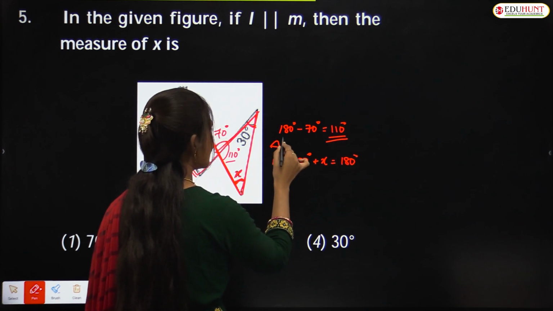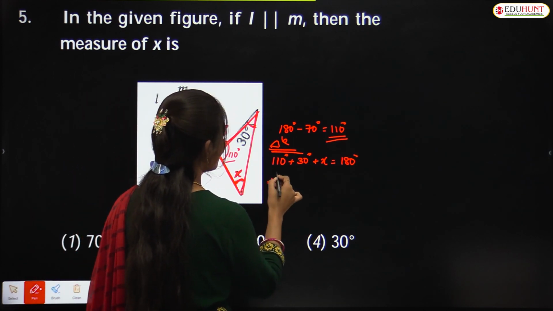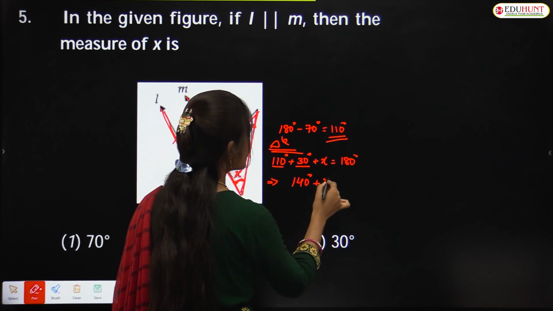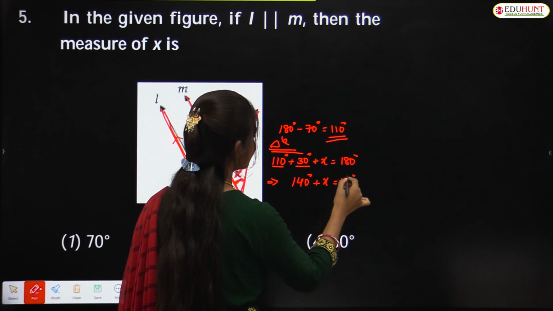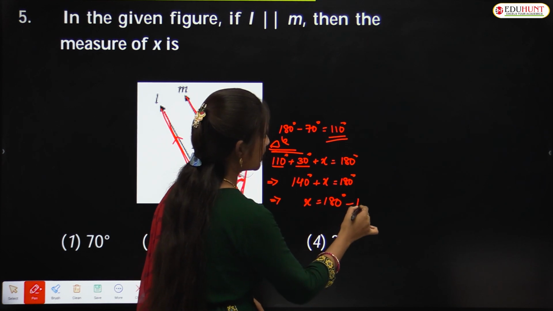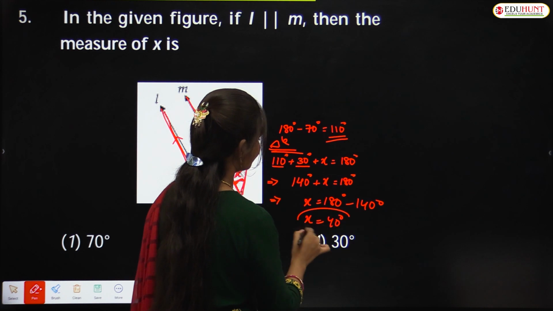Why? Because this is a triangle. Okay. So 110 degrees plus 30 degrees is equal to 140 degrees, plus x is equal to 180 degrees. So from this, x is equal to 180 degrees minus 140 degrees. So x is equal to 40.